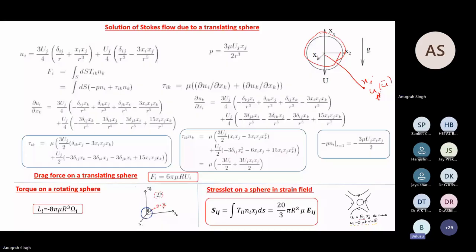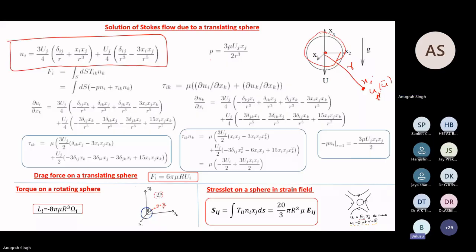So what will be the velocity field at this point, which is at the distance xi, or distance r, from the center of this particle? Now we'll not go into the details of the solution. You can build on it either using Green's function or a spherical harmonic solution. So the solution field ui at this point is this.